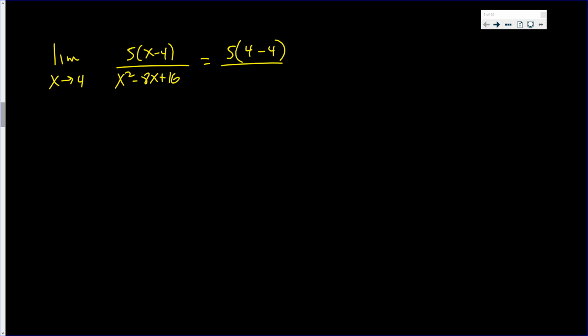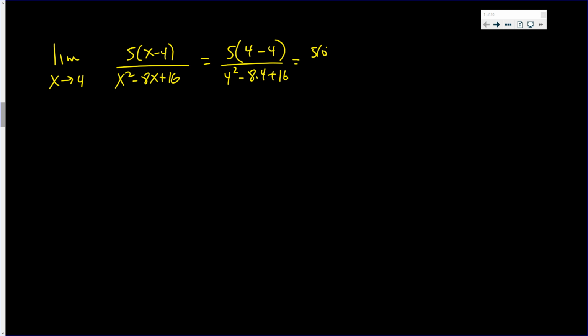Next problem. You have the limit as x goes to 4 of 5 times (x minus 4) all over x squared minus 8x plus 16. If you directly substitute, you get 5 times (4 minus 4), over 4 squared minus 8 times 4 plus 16.